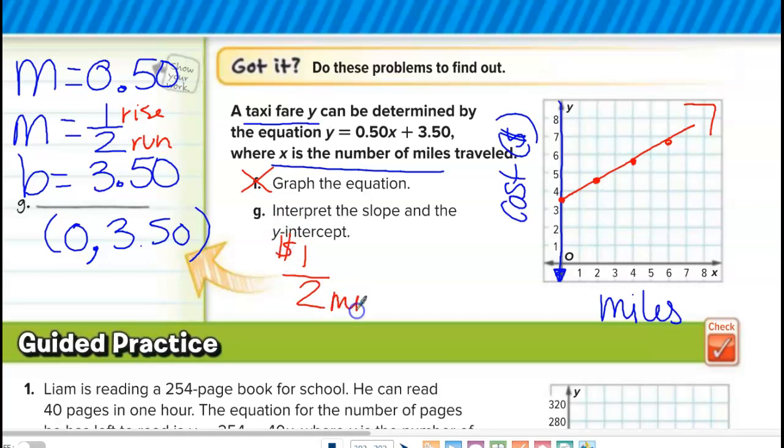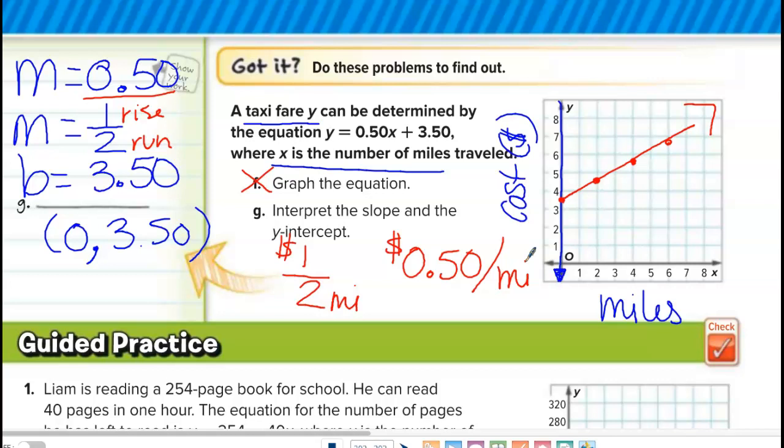So I would interpret this as $1 per 2 miles. Or, if I use the decimal, what's my y label? Dollars. So 50 cents per mile. Those both mean the same thing. 50 cents per mile or $1 per 2 miles. Okay?